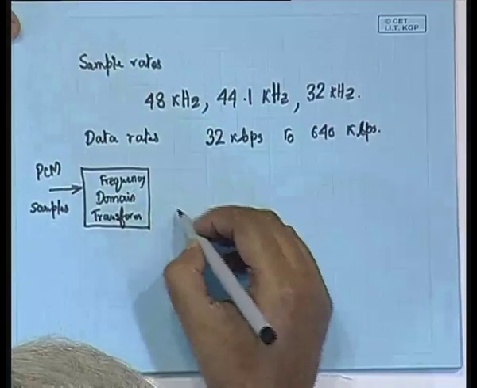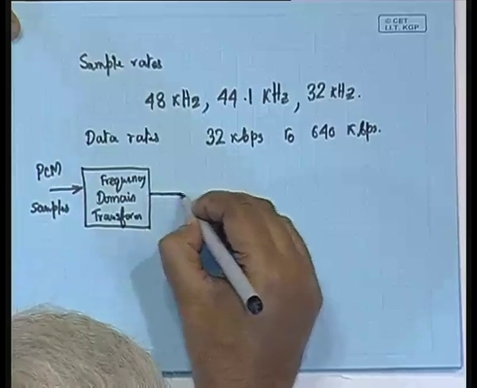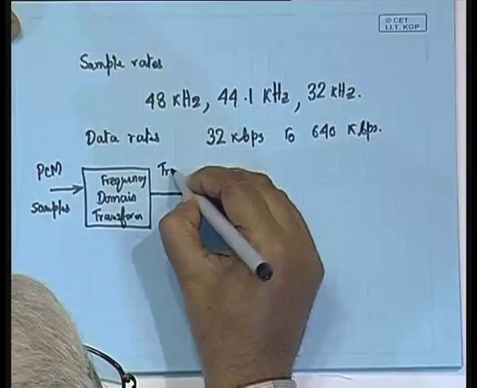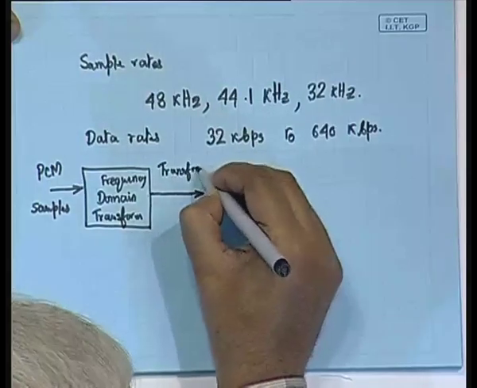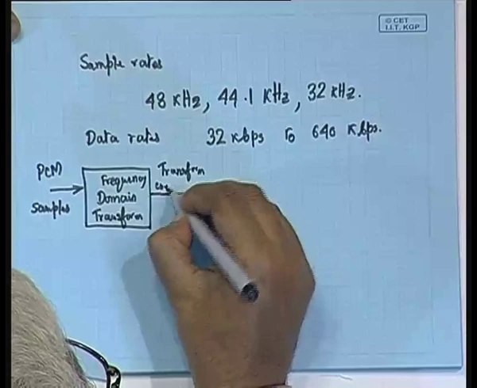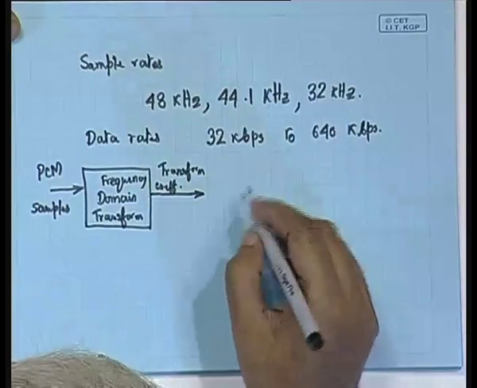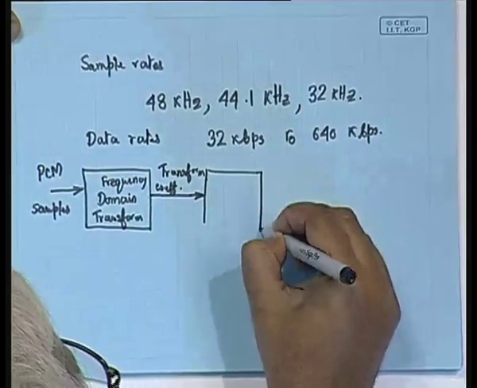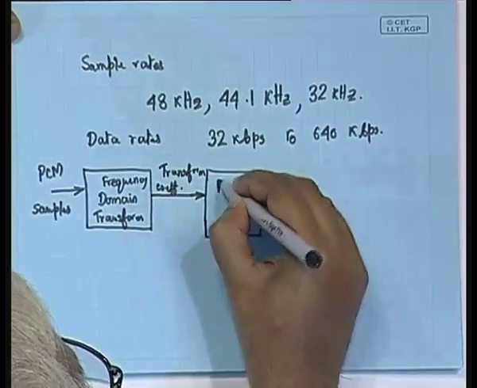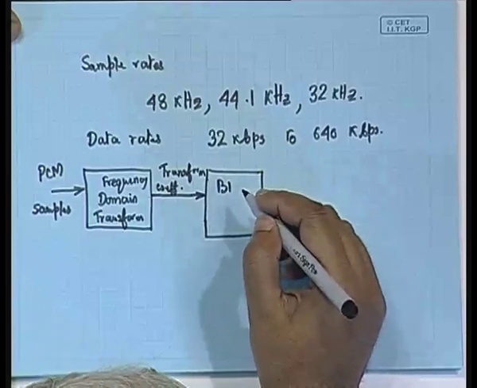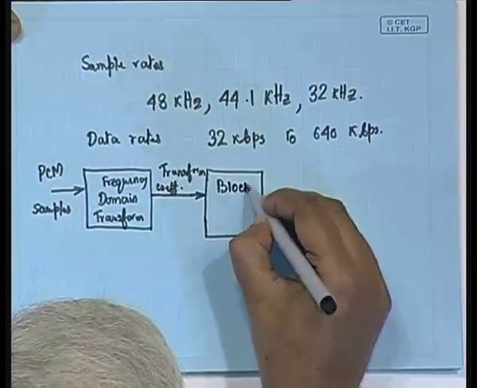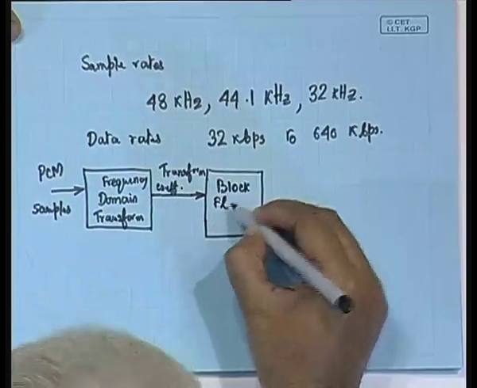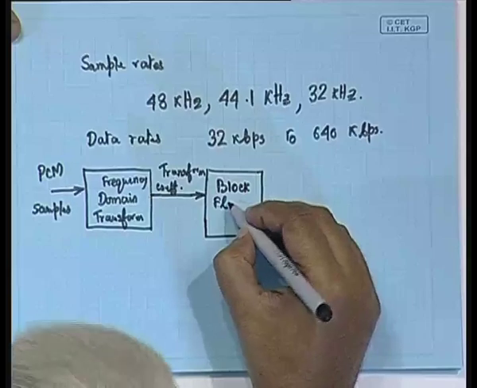And the frequency domain transform takes up the transform coefficients, and the transform coefficients go through a block floating point unit, because interestingly in the AC3 the computation is done in the floating point mode involving the exponent and the mantissa.